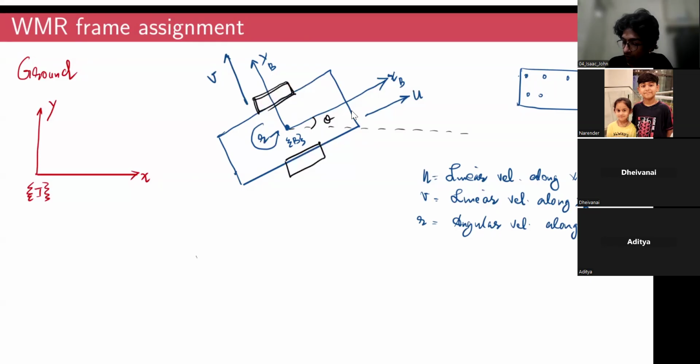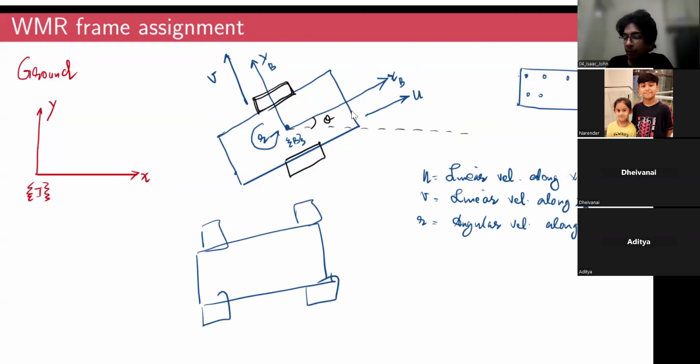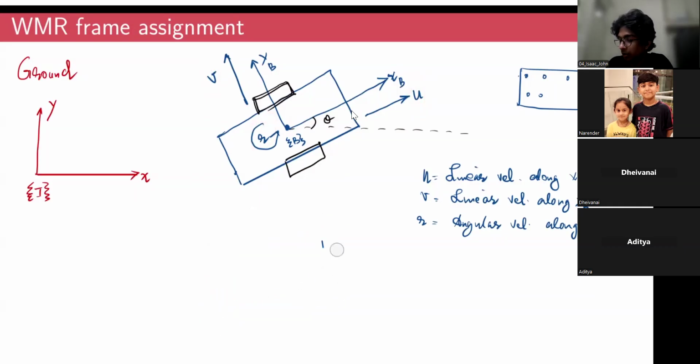For example, if you have a mobile robot with 4 wheels like this, you will have a different mapping. You will have to find the angular velocities of each of these wheels so that it can achieve a desired u, v, and r. Similarly, there are a lot of different configurations of wheeled mobile robots. For example, the one with the unconventional wheels that I showed at the beginning of the lecture will have a different mapping. But we'll see that in the subsequent lectures.